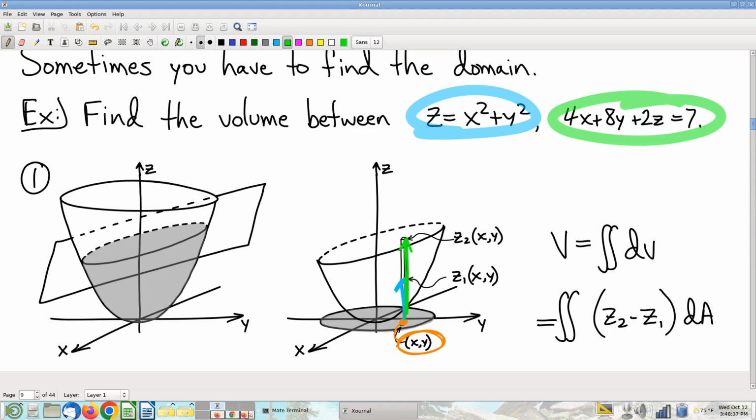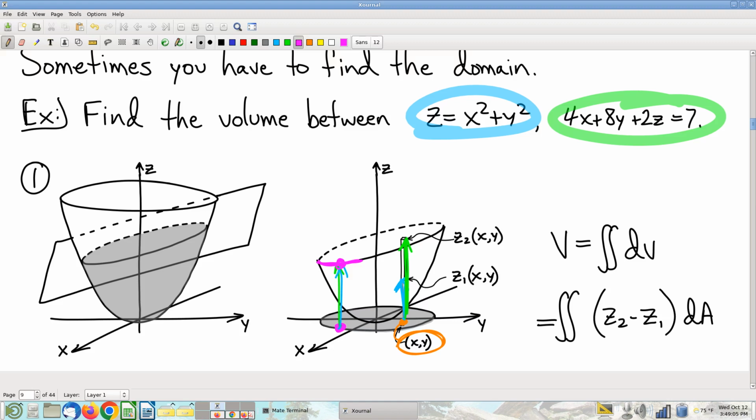So the argument should be that if I want to know where the boundary of the domain is, that boundary should be where those two heights are equal. The height up to the plane and the height up to the paraboloid should be the same, because we're looking for where the plane and the paraboloid intersect. Does that make sense? Everybody good so far?